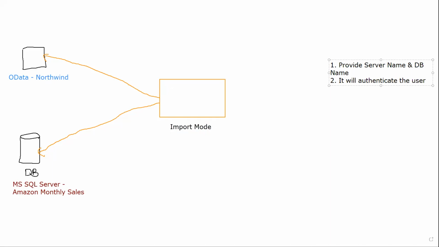So if you have credentials that you can use to connect to the database, then you will be using those. And third, it will import the table. So let's say we have the fact_sales table. Okay. So these are the three steps it was able to complete.